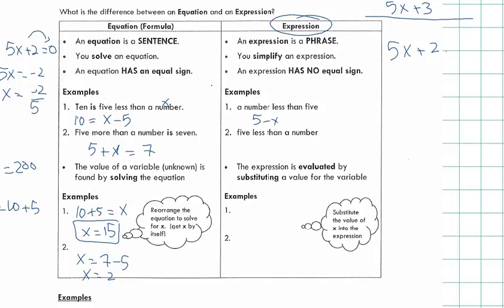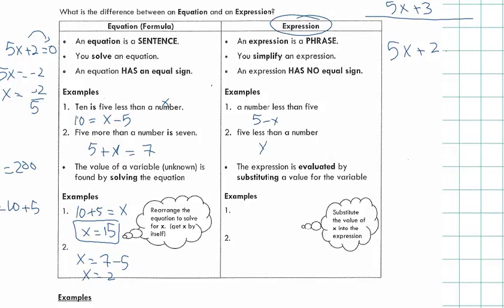I know this might be hard for some of you. Don't get discouraged, it's okay. You won't see it again. "5 less than a number" is x minus 5. So you have the number, and you're taking 5 away from it.